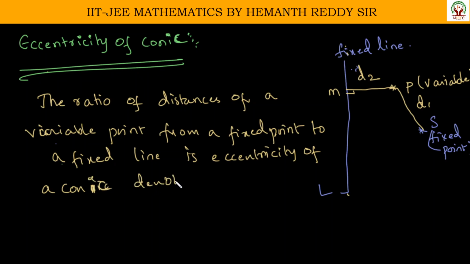Denoted by small e. It will be denoted by small e. So the ratio of distances of a variable point from a fixed point to a fixed line is called eccentricity of a conic, denoted by small e.